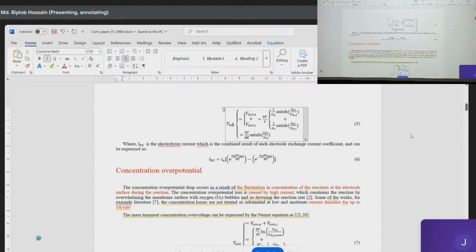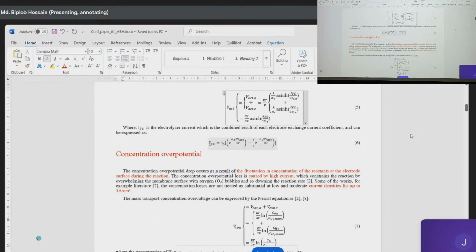If we reverse the relationship, it is the relationship between activation overpotential and the current passing from the fuel cell to the external circuits. So we can just reverse the relationship this way.